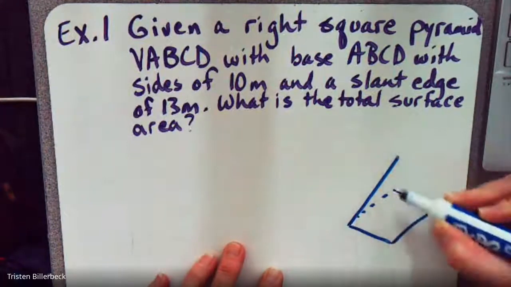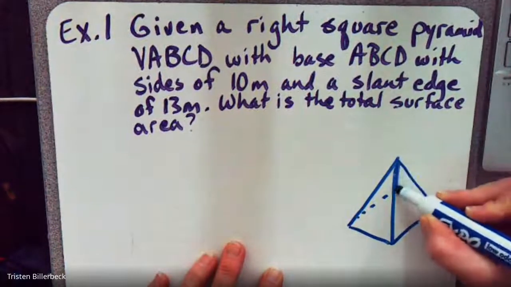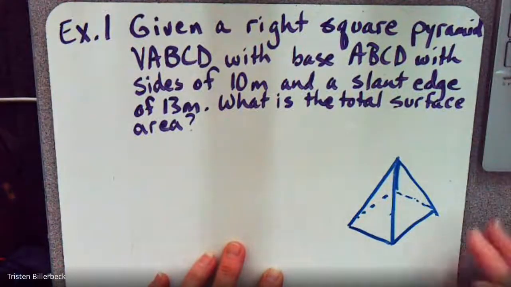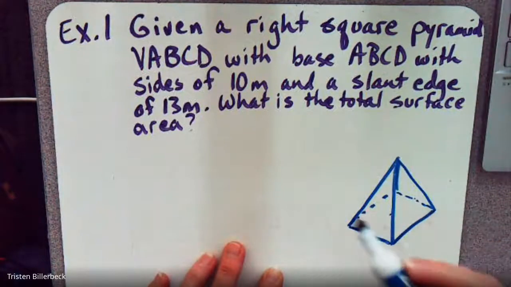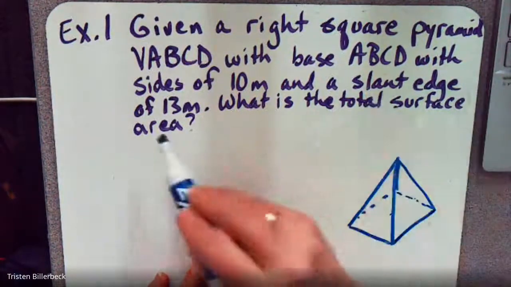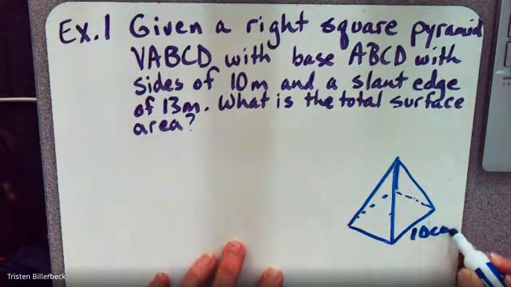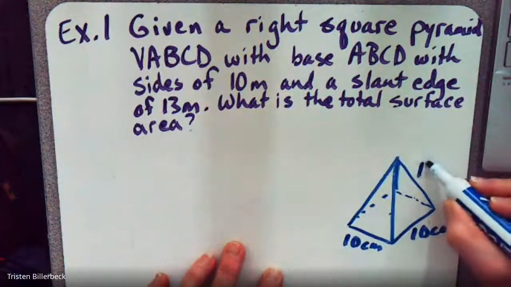And we know that when we do the sides here, that the height's going to come right down to the center of this pyramid. Okay, we also know that the sides A, B, C, D are 10. So we have 10 centimeters because it's a square, and the slant edge is 13.